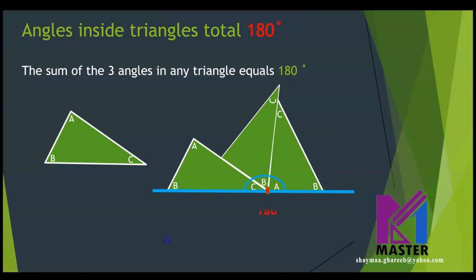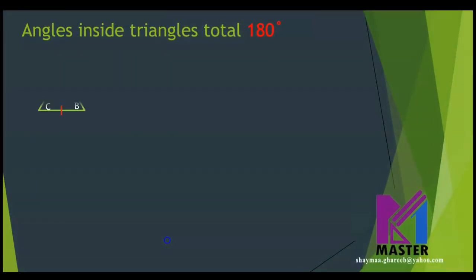Let's see some questions on this. Look at this triangle. What's the meaning of this dash here? When you have this dash here, it means these three sides are equal in length, which means this is an equilateral triangle. What do we know about the equilateral triangle?